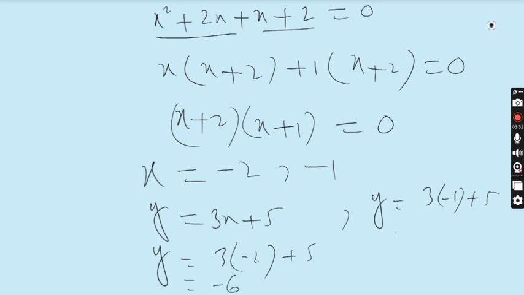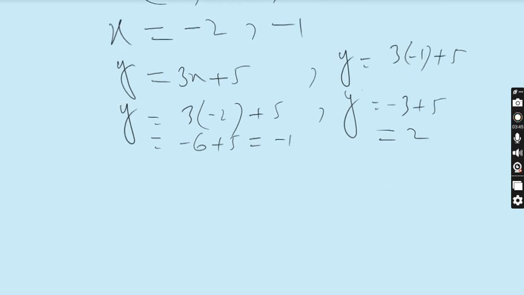So 3 times negative 2 is minus 6 plus 5 is negative 1, and 3 times negative 1 is minus 3 plus 5 is 2. So the coordinates of the points of intersection of the line and the circle are: when x is negative 2, y is negative 1, and when x is negative 1, y is 2.